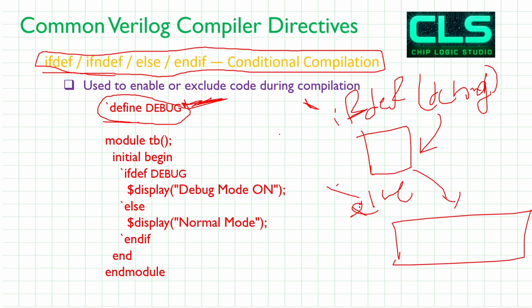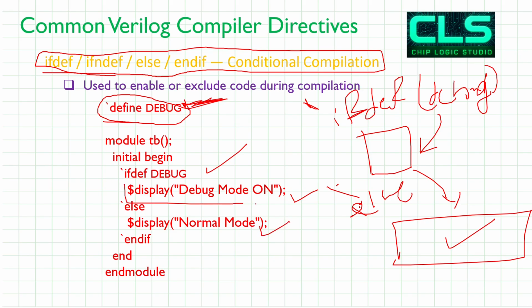If not, then the other file will run. You set this in your command line: if you want debug, you tell it debug, and this file runs. If you don't want debug, just don't write debug and the other file will run. A similar thing is happening here: if debug is defined, then this statement will run, else this statement will run.